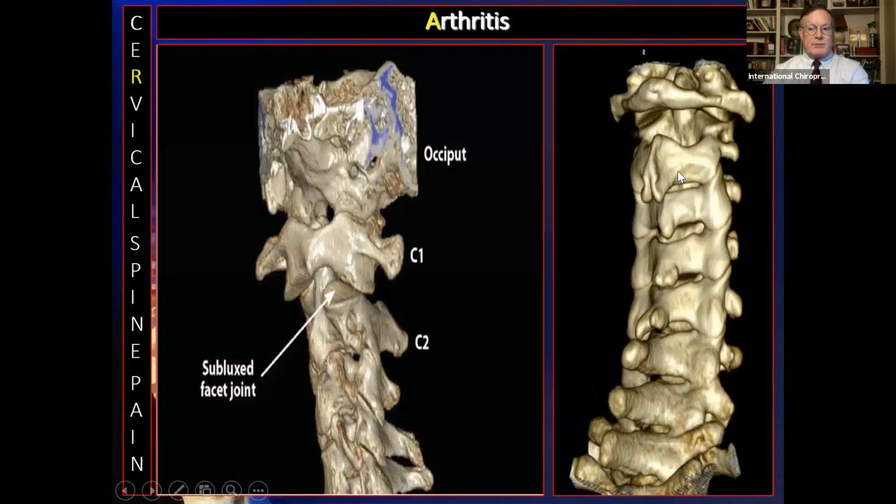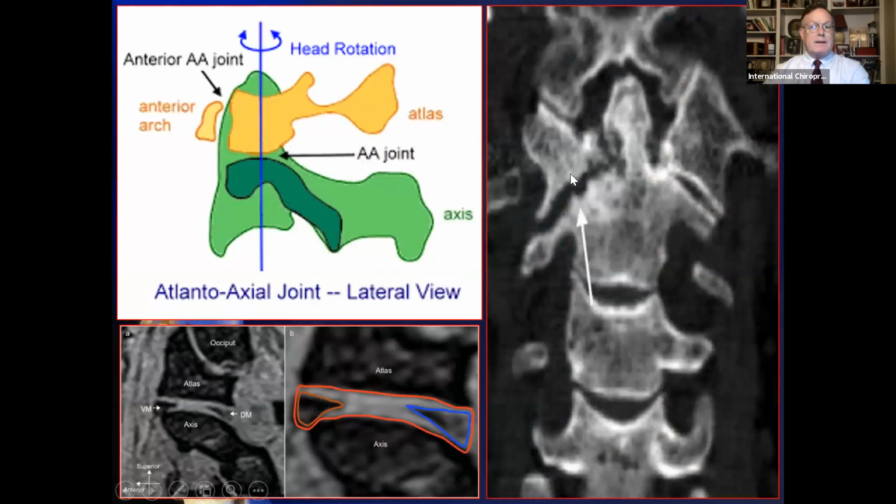Here's the nice surface view here, and you can see the rotation of the facet, and here's the relationship between the lateral masses of C1 and C2. And then here's the subluxation translation here at C1-2. Again, an arthritic joint here. We saw this slide a moment ago with the meniscoid here and how important that relationship is.